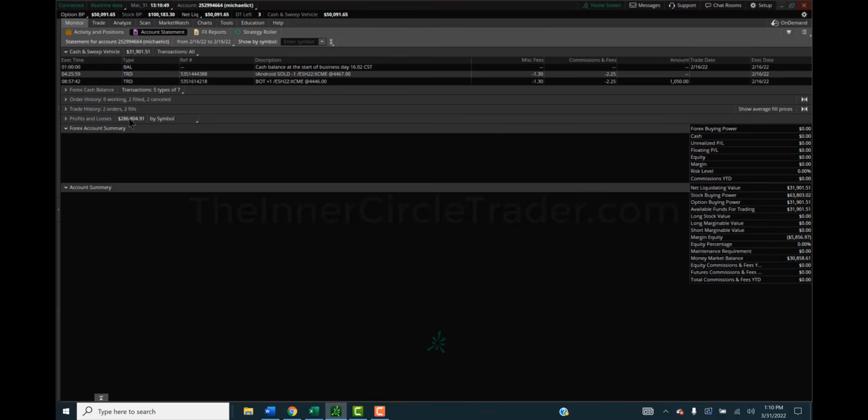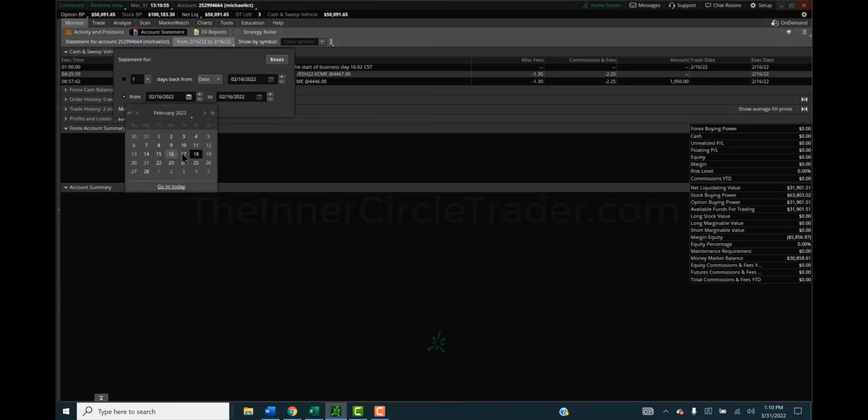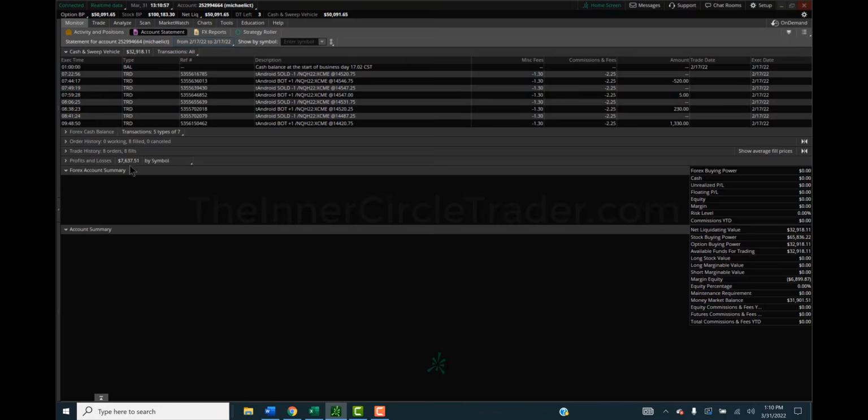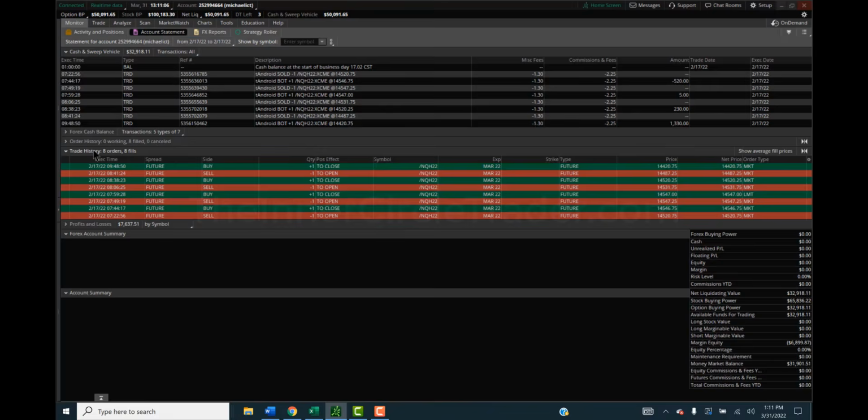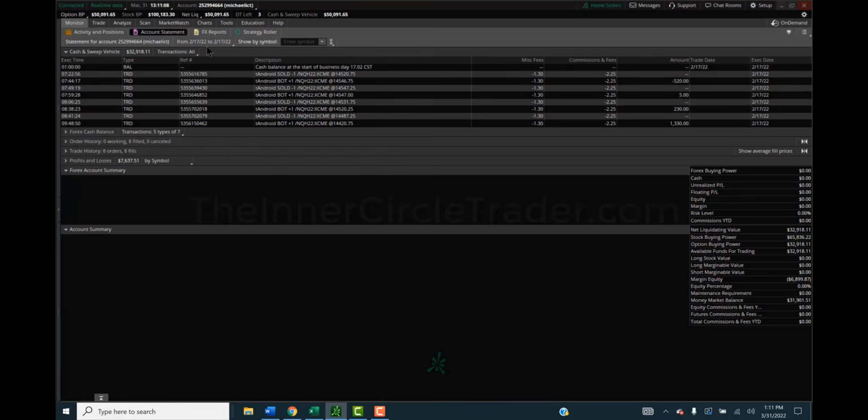Okay, next trading day. Not bad. Just a few transactions. First trade was a losing trade and mitigated that. Came back with a net gain on the day.